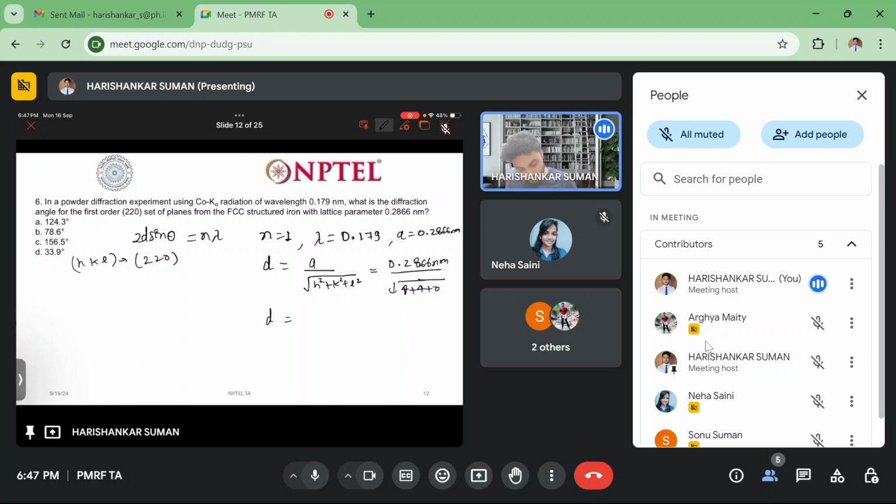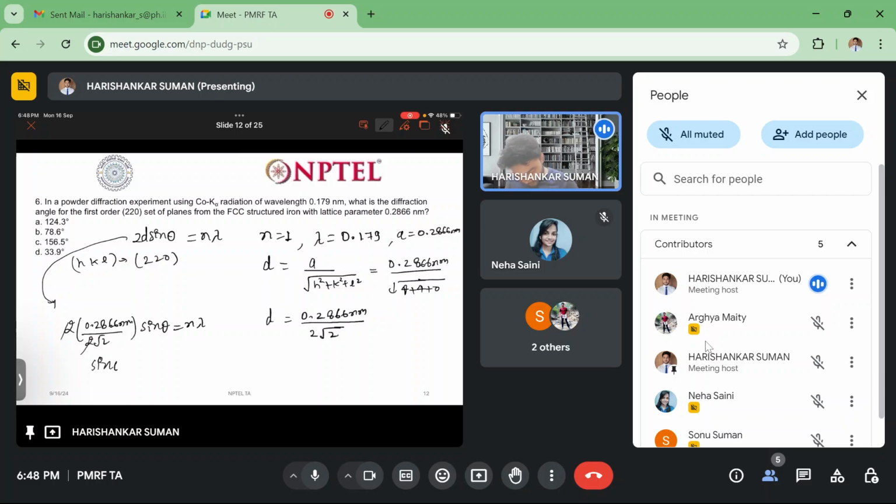So you can find d here. Now apply this equation 2d sin theta equals n lambda.